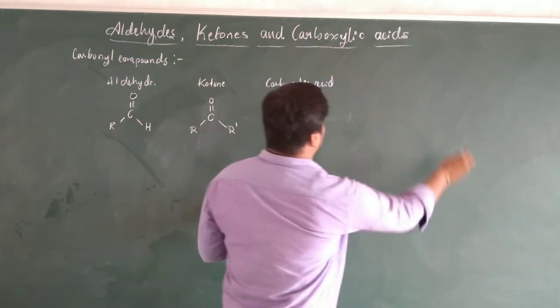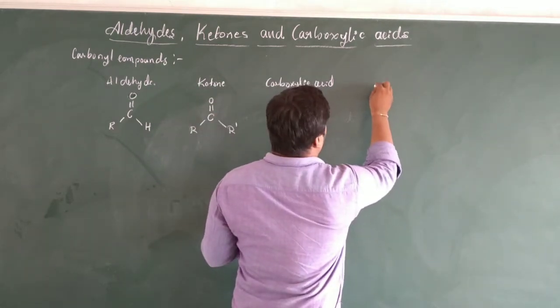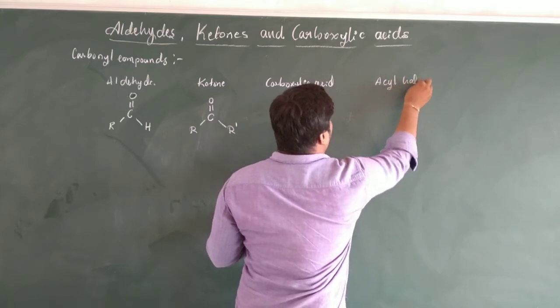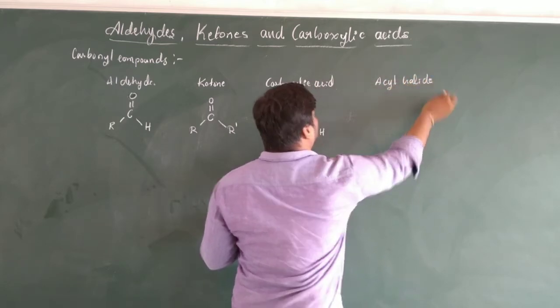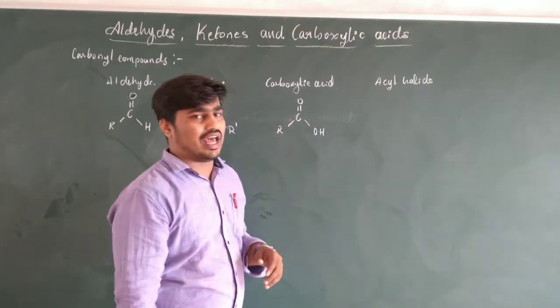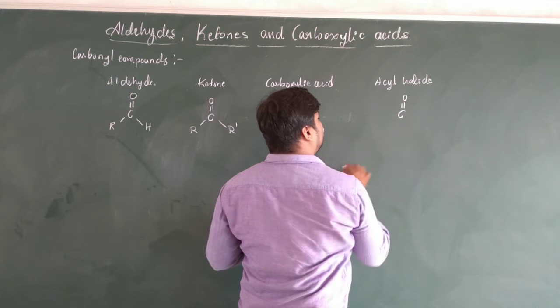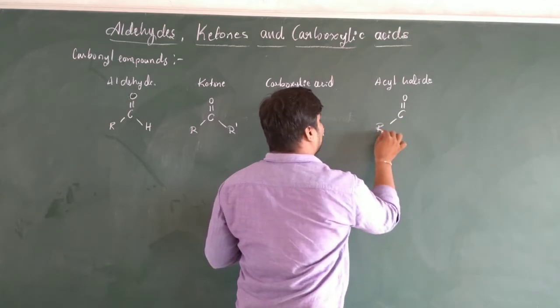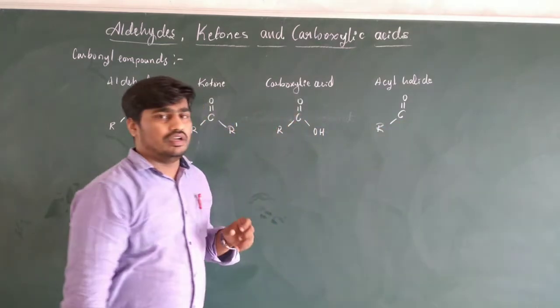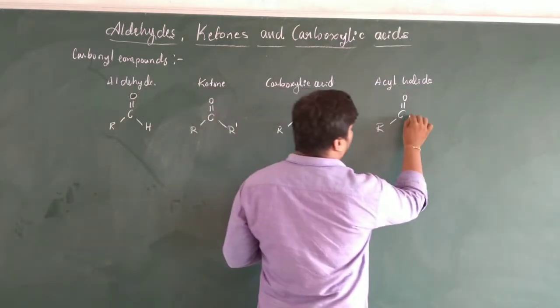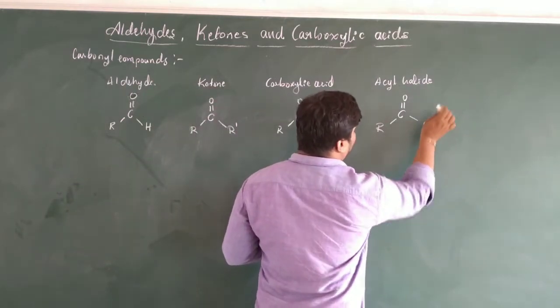The next is acyl halide, also called acid halides. Here the carbonyl carbon has H or an R alkyl group on one side, and any halogen on the other side.